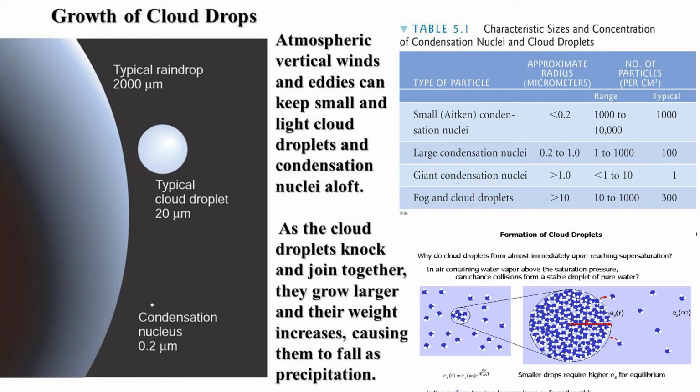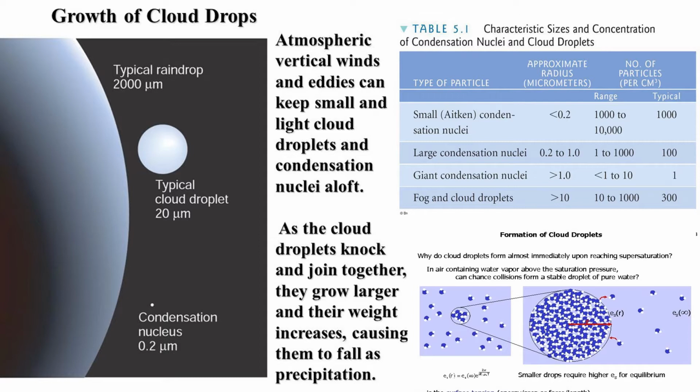The total number of vapor molecules around the droplet remains fairly constant and defines the droplet's saturation vapor pressure. Since the droplet is in equilibrium, we call it the equilibrium vapor pressure.